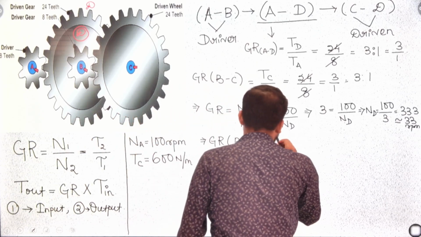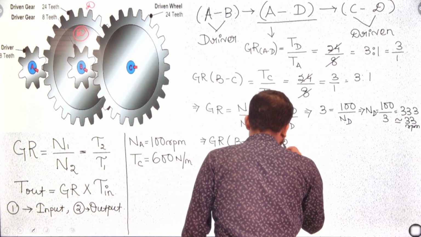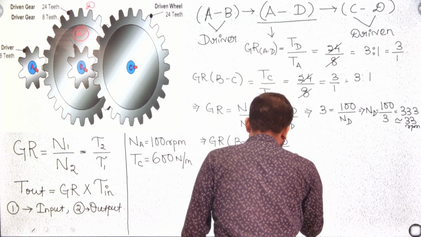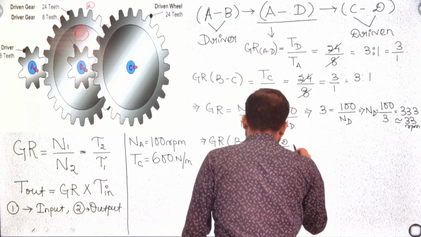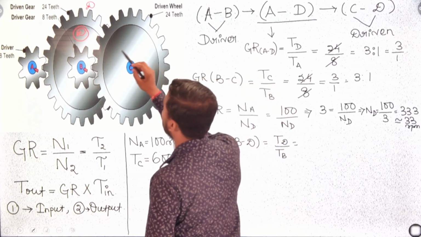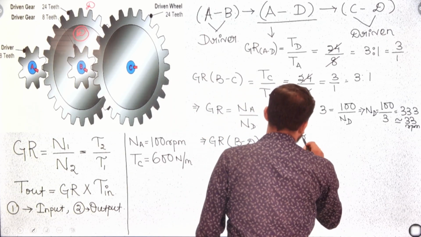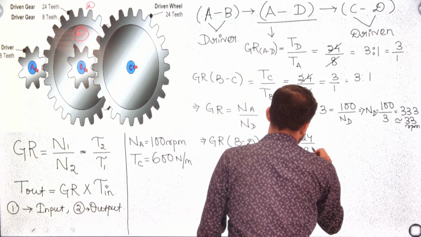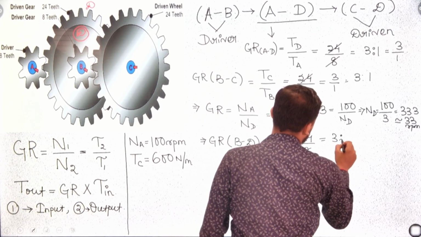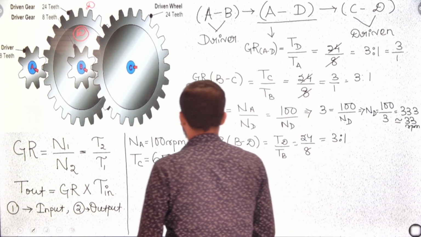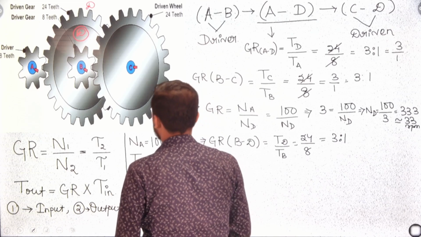That means output teeth by input teeth. Output is 24 by 8. The same ratio we will get. That means every ratio in this problem is going to be 3:1. So it will be very easy to understand.